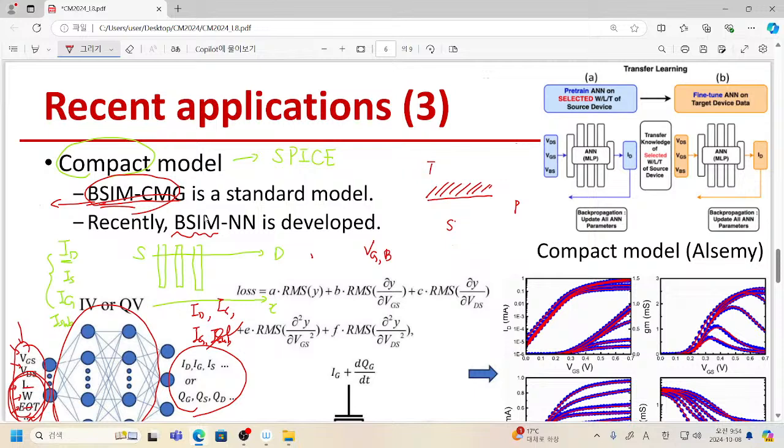So changing the model is really difficult, and unless it is 100% guaranteed that this model perfectly matches the standard BSIM CMG model, nobody will try to change from a well-established model to this experimental model.